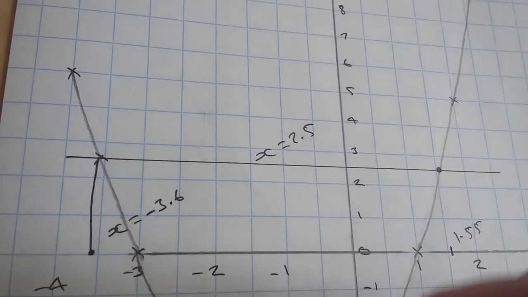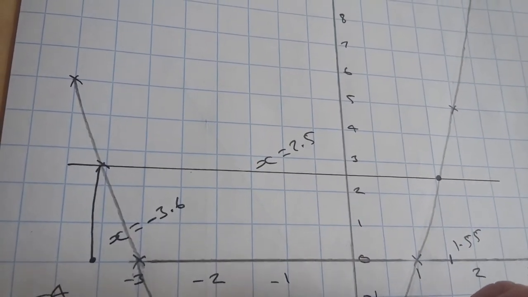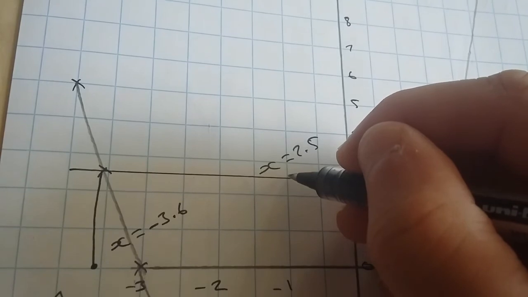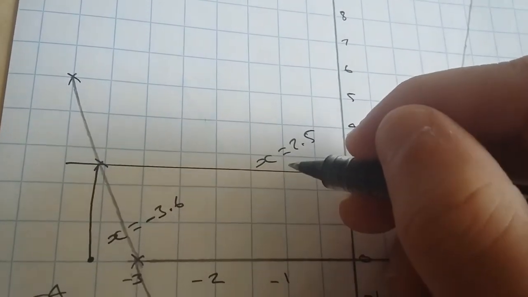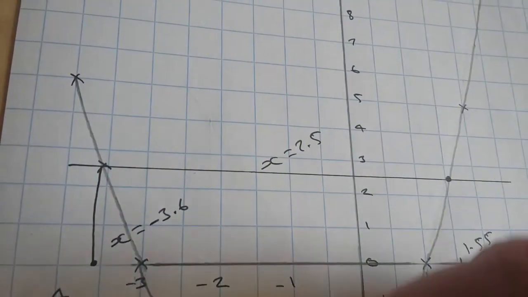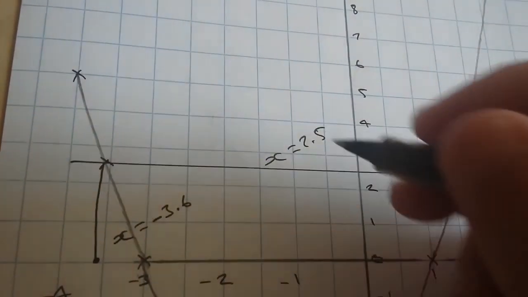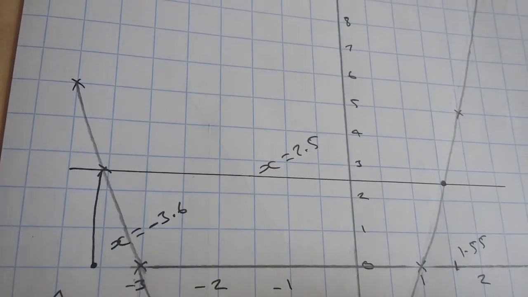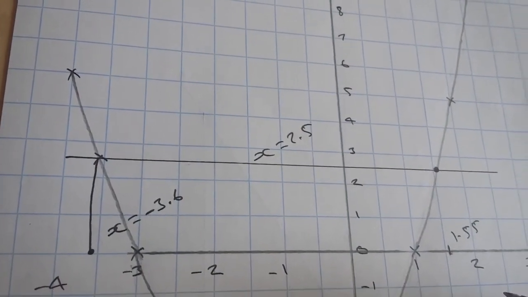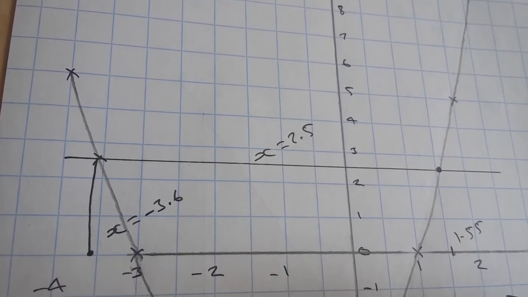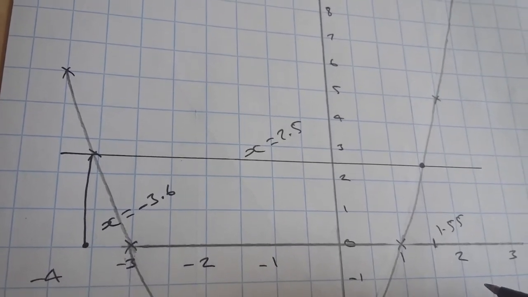And they are, in fact, you might notice, symmetrical about our line of symmetry, which is going straight up there. Okay, that's those reading off values from a quadratic.